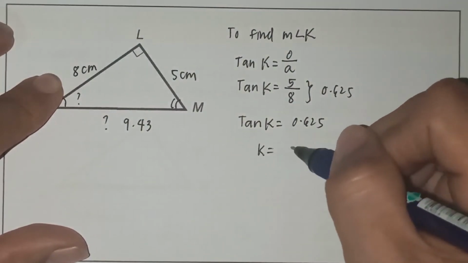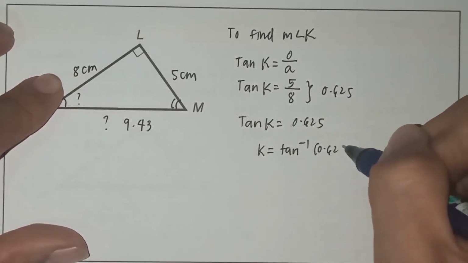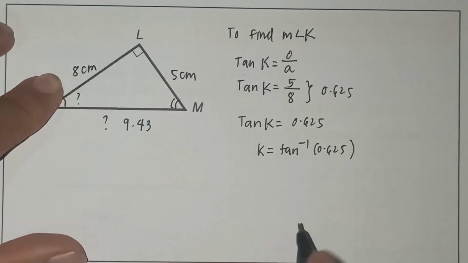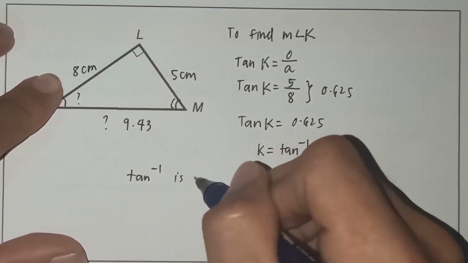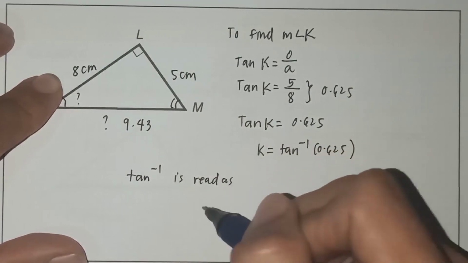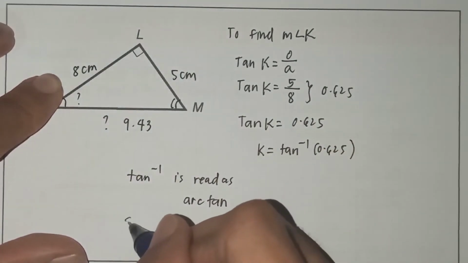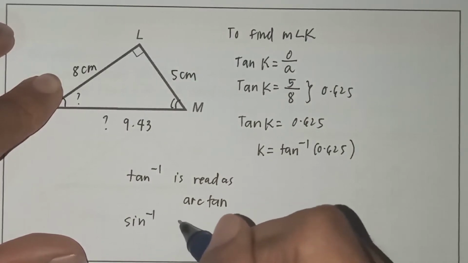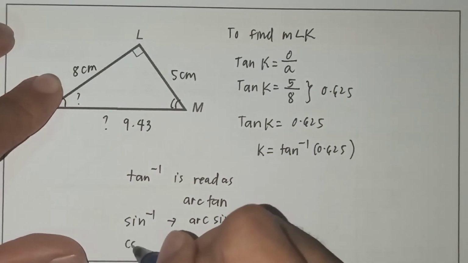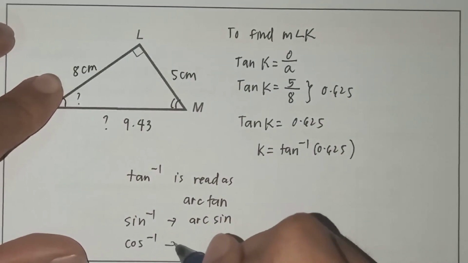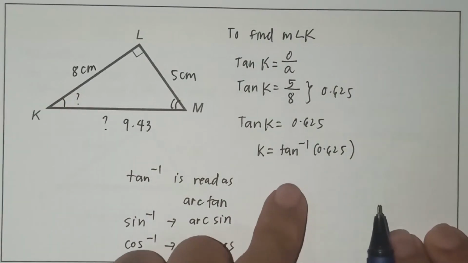K is equal to tan negative 1 of 0.625. Actually, tan negative 1 is read as arc tan. If it is sine negative 1, that is arc sine. If it is cos negative 1, that is arc cos. Let me continue.